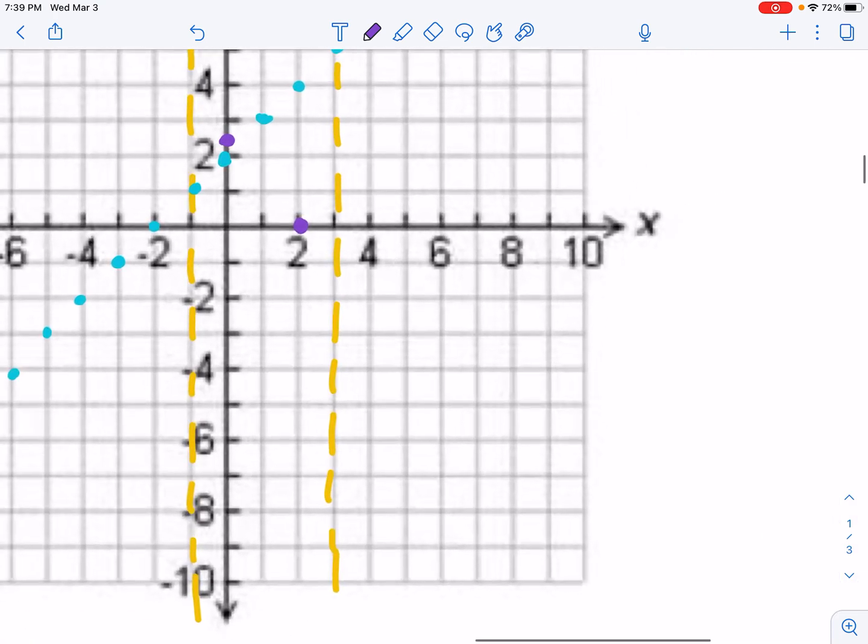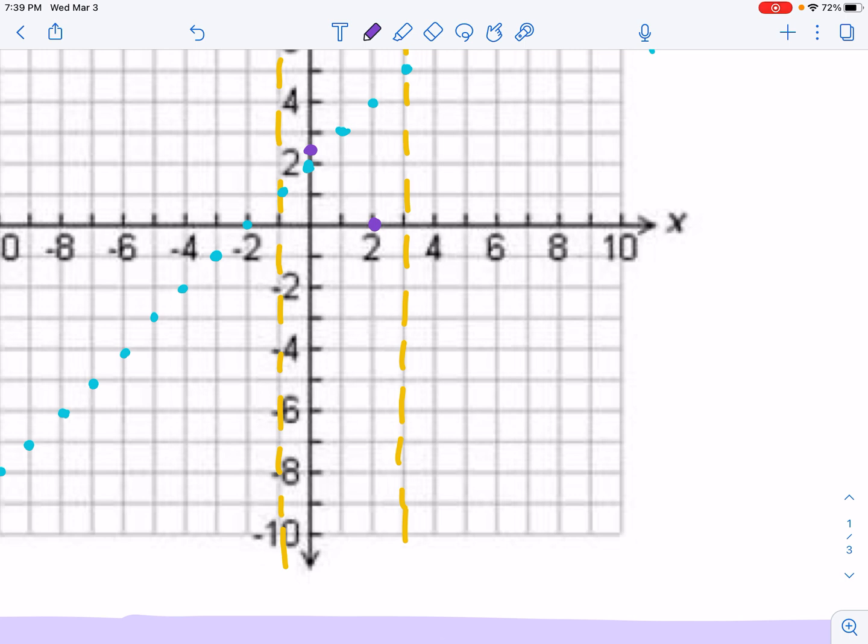So let's think about a couple different options we have here. If I do something like this, that's wrong because I just bounced at the x-intercept. If I do something like this, that's also wrong because now I've crossed the x-axis at another point where I don't have an x-intercept.